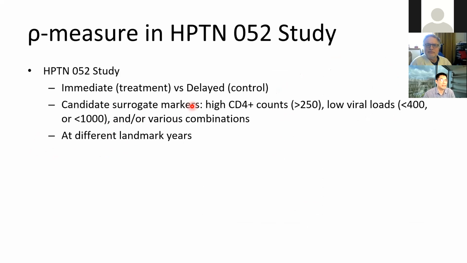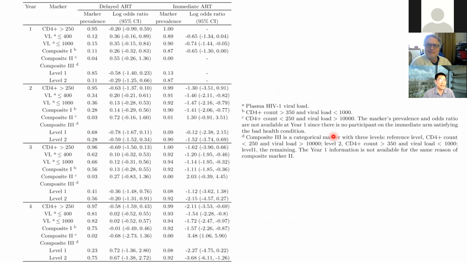So the rho measure in the HPTN 052 study, comparing immediate versus delayed treatment, with different markers. I know this table is pretty busy, but we did look at different combinations. In addition to the viral load, we also add the CD4 counts as markers, at different levels, to mimic different kinds of candidate markers.